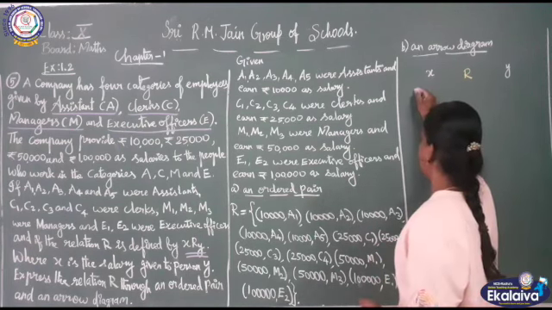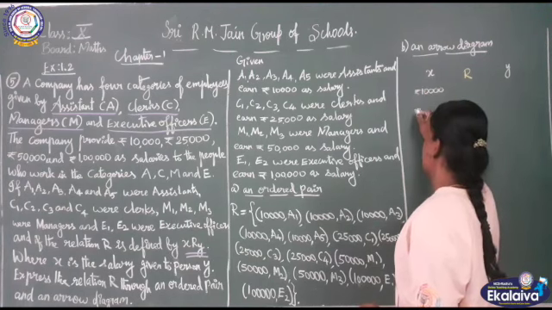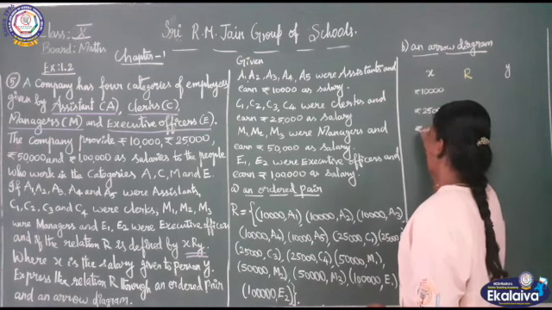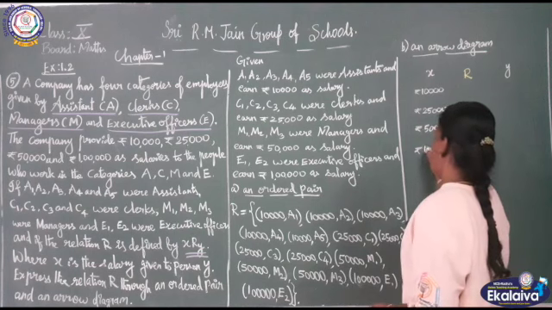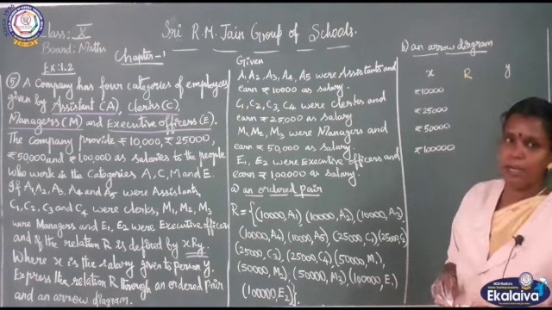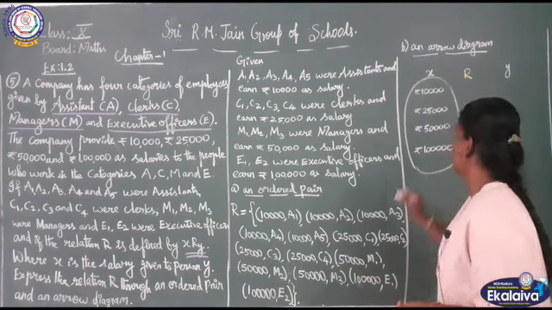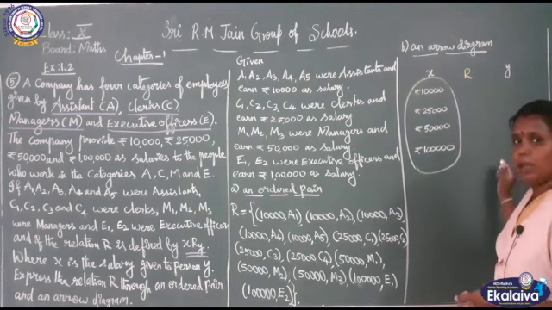The salaries are rupees 10,000, rupees 25,000, rupees 50,000 and rupees 1 lakh. So I just map the salaries. Then I am going to map the salary with the person Y.